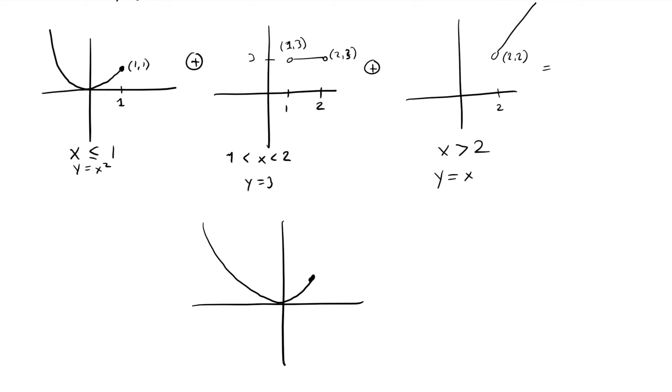Okay, (1, 1). Then (1, 3) is above it, an empty dot. Go like that all the way to (2, 3). And then at (2, 2), we've got this line going up. This is what the graph looks like. So we've got what we call a jump in the function. We're going to study this a lot in calculus. We've got two jumps.